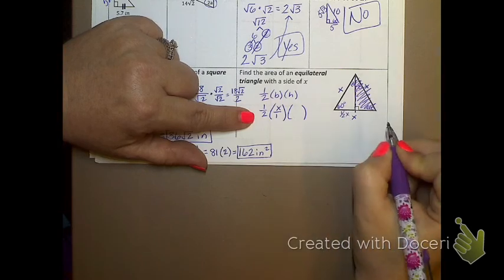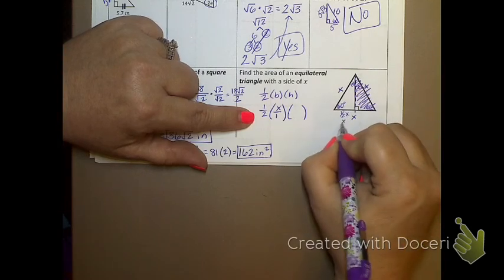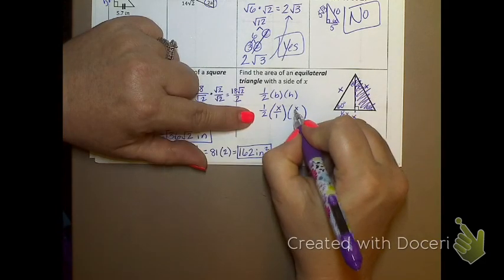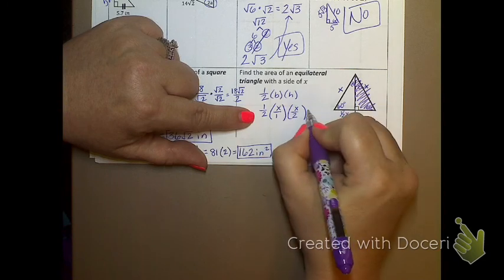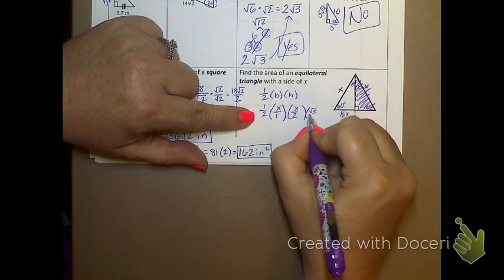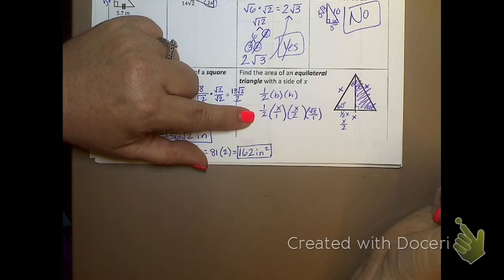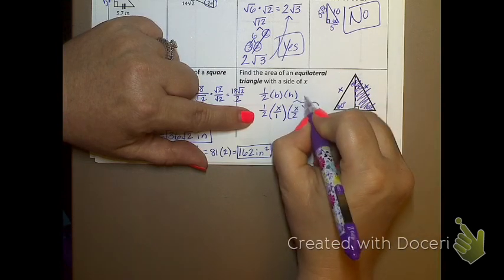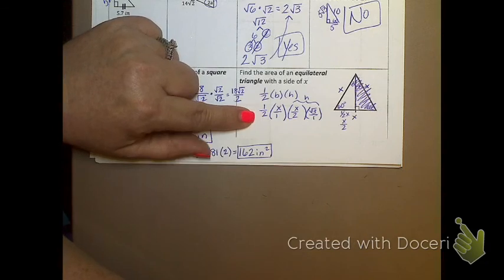Or another way I could say that is x over 2, right? So if I know the short leg is x over 2, how do I find the long leg? Multiply it by radical 3. So it would be like x over 2 times radical 3 over 1. You okay with that? That this right here represents the height or the long leg.